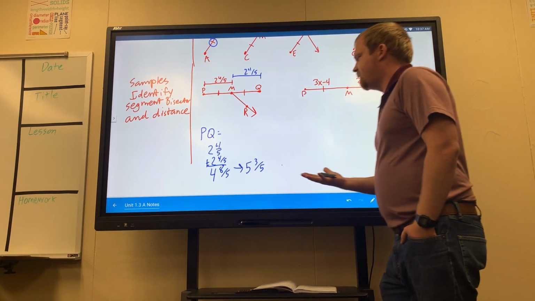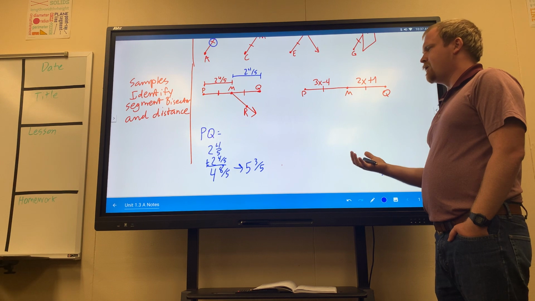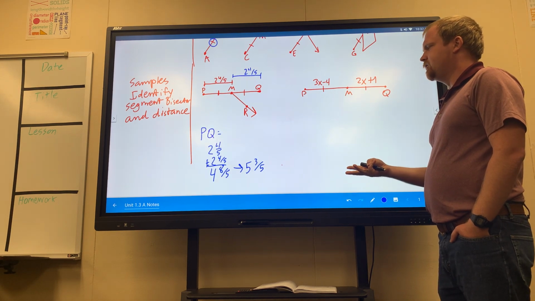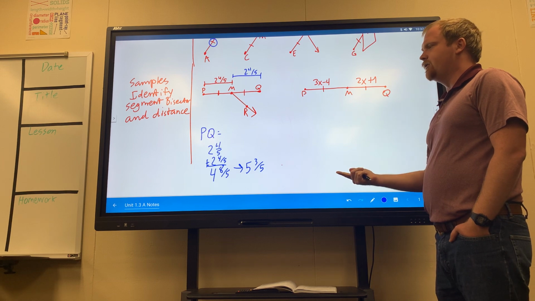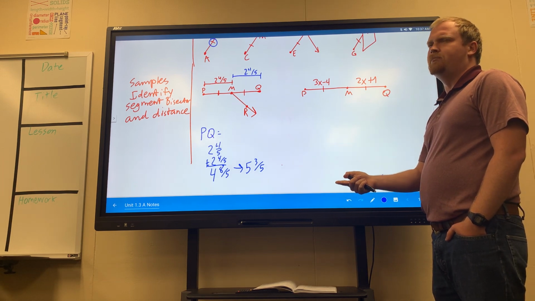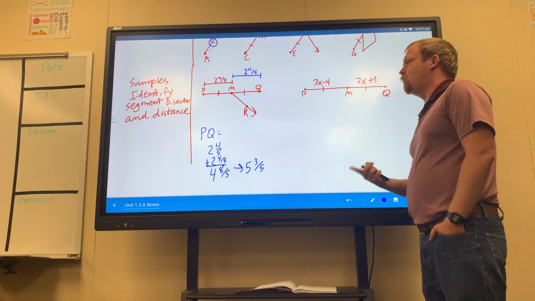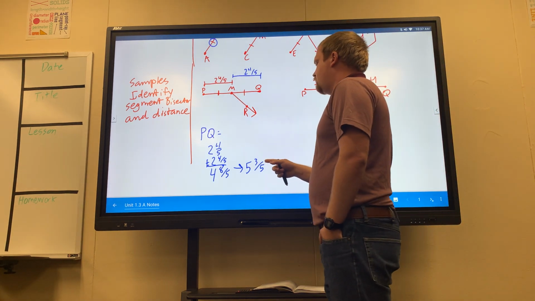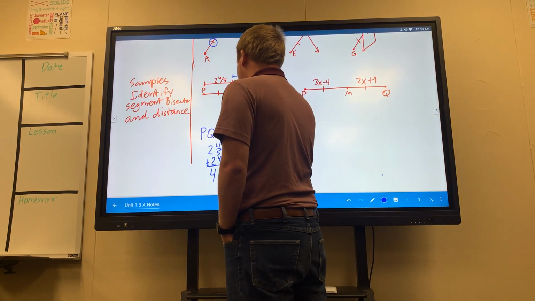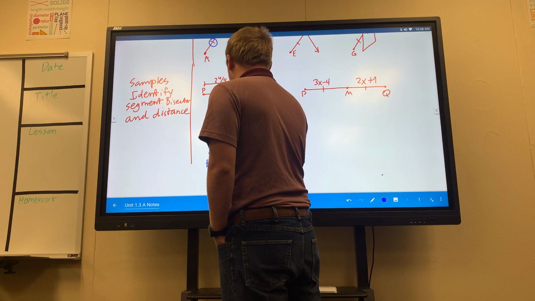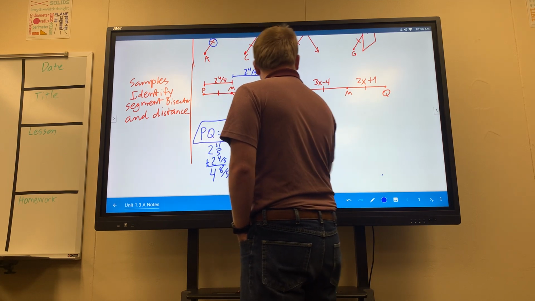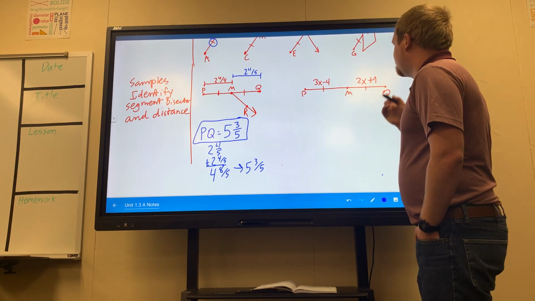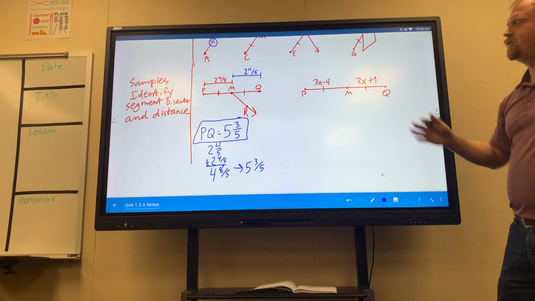Because I have 5 left, because if I take 5 away from 8, I have 3 left over. So that's going to be 3/5. 5 with 5 is 1, so I just make the 4 bigger by 1. So 5 3/5, and that's what PQ is going to be. Okay?